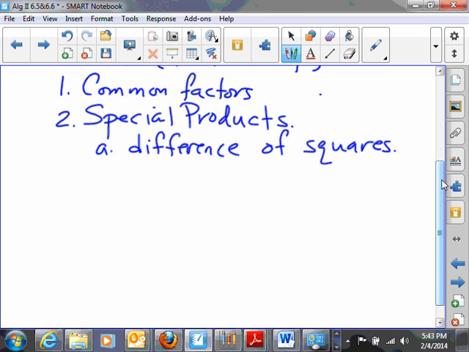Now, a difference of squares basically is when you have a square, say 4x squared, and then you're subtracting from it another square, maybe 9y squared or something like that. They're pretty easy to see. And so if you had something like this, to factor this, you would say, all right, what do you square to get 4x squared? Well, 2x.